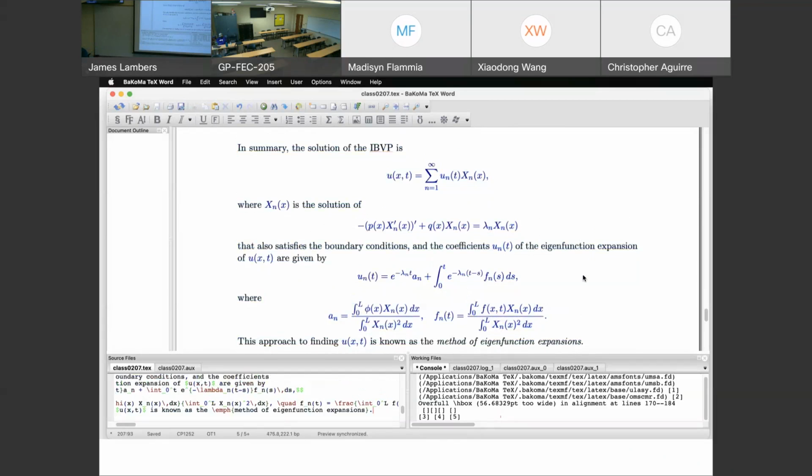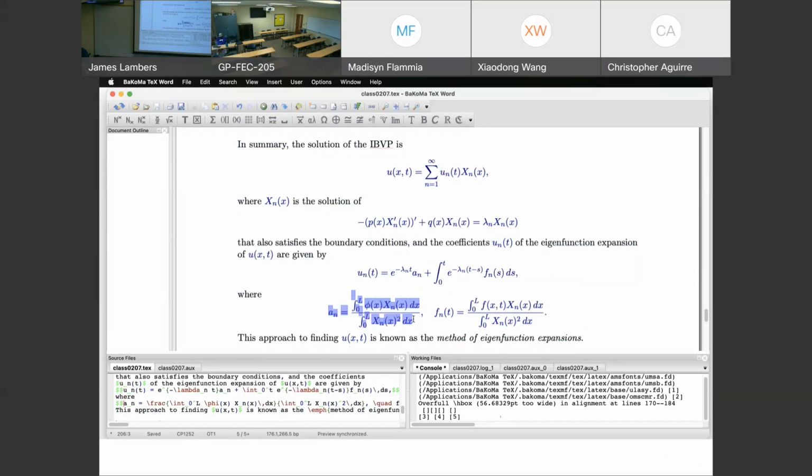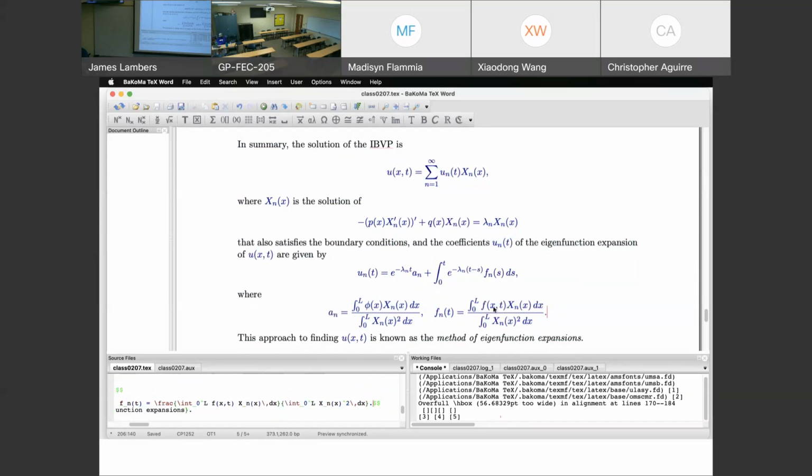So what you do is you work these out first. These are the coefficients of the initial data, 5x, in your Eigenfunction expansions. And you do the same for your source term, f of x,t.